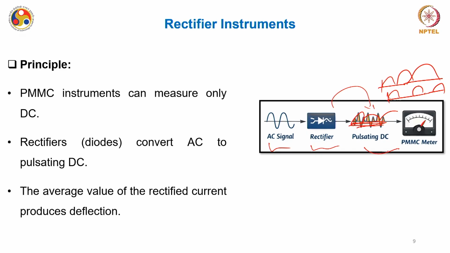This PMMC instrument, we know that it can only measure DC. So a rectifier is a must. The rectifier will convert the AC signal entering it to a pulsating DC value. The average value of the rectified current basically produces the deflection.